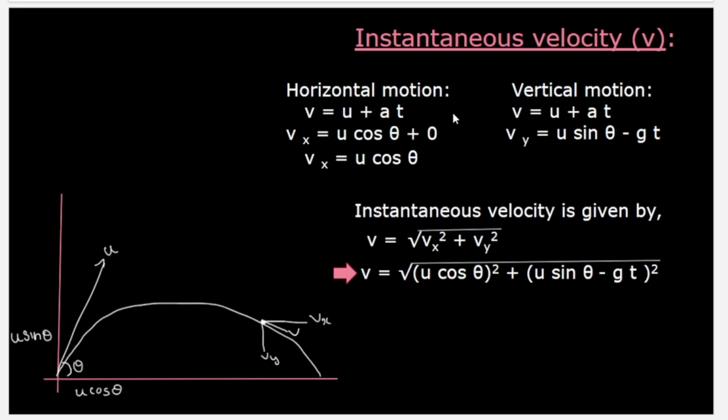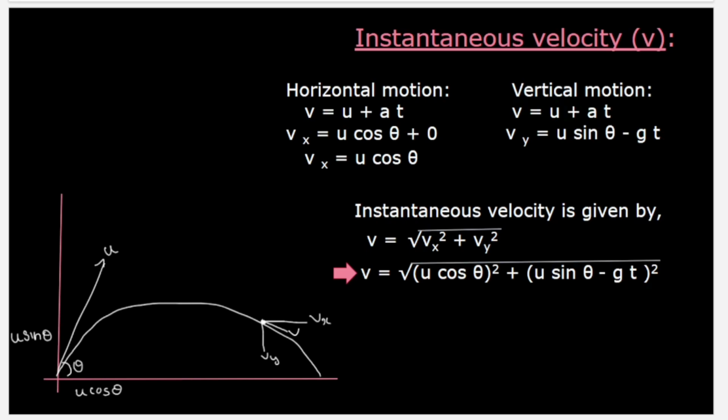We get vx is equal to u cos theta. Next, in vertical motion, with the same first equation of motion, we get vy, because y-axis, is equal to u sin theta, and acceleration in vertical motion will be minus g, so minus gt.